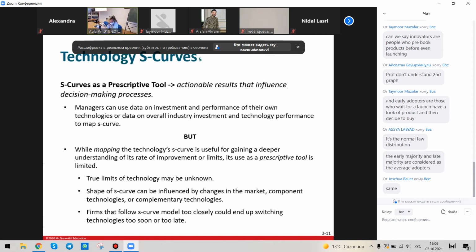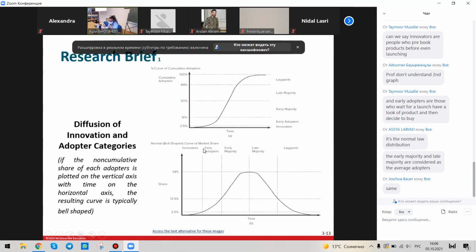And also, if this tool is used as a prescriptive tool, meaning as a tool that will certainly define what will happen in the market, it could be misleading for managers when switching from one technology to another. For example, managers could think, okay, we haven't yet reached the limit of the technology, or we haven't yet reached, for example, the early adopters, okay?